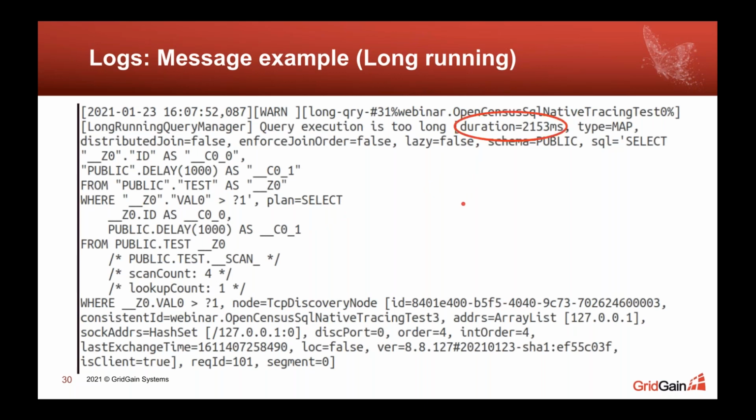We can see the duration here. It's about 2 seconds. We can see the type. It's a map query. It's only possible to see the state of a query if it's a map query.